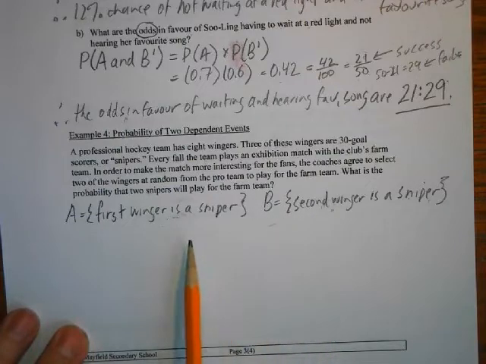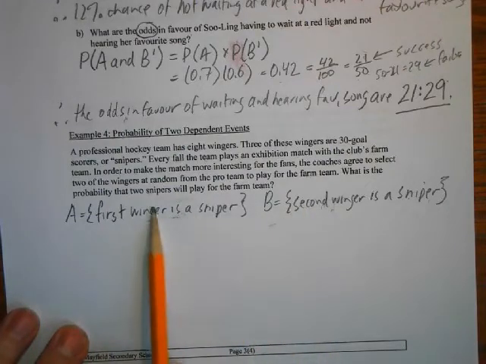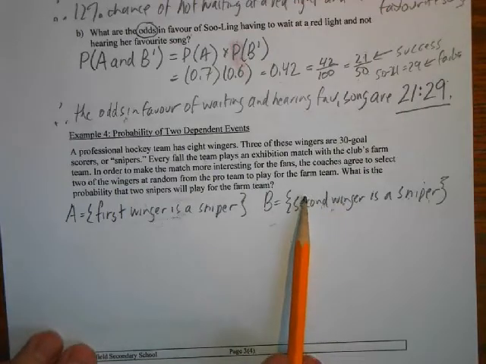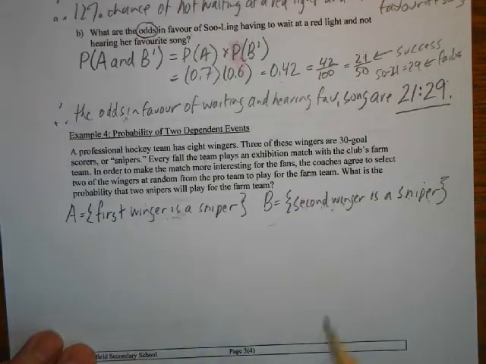Okay, so let me get this straight. So probability of selecting the first winger being a sniper will always be 3 out of 8. For the second, I think I might have messed up on the denominator. You've got 1 less winger to choose from, so you're down to 7 to select from. So it's either going to be 3 7ths or 2 7ths.